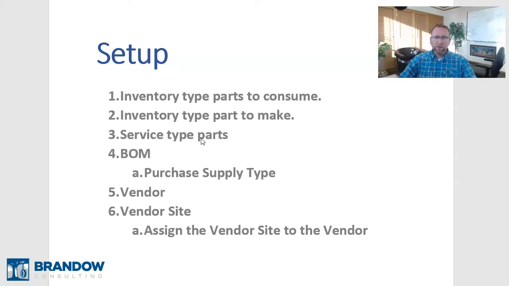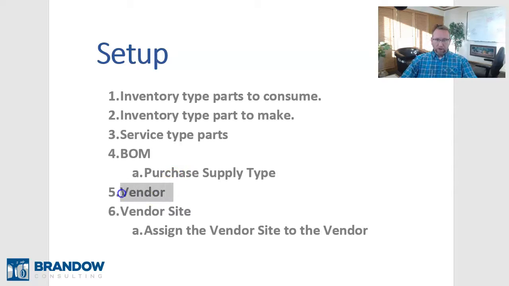So I previously created those parts, and then you have to create the bill of material. That's what I did in the previous video. So be sure to watch that to see how to create an outsourced bill of material where you assign the purchase supply types on the bill of material, whether the vendor supplies the part or we supply the part.